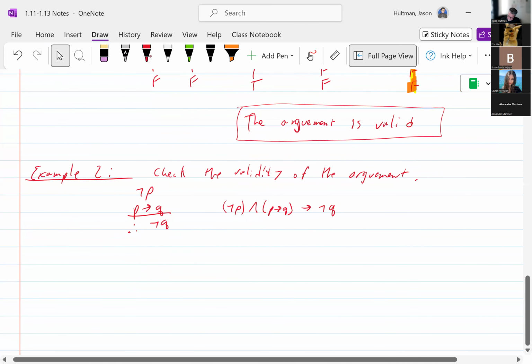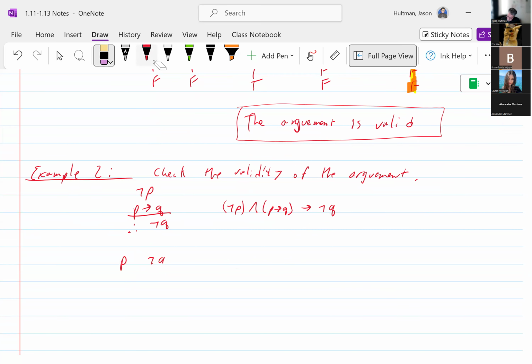Okay, well, let's see. Truth table. P, not P. Okay, P goes to Q, not P and P goes to Q, and then not Q. So P is true, false, false. Okay, I guess I need Q there as well.